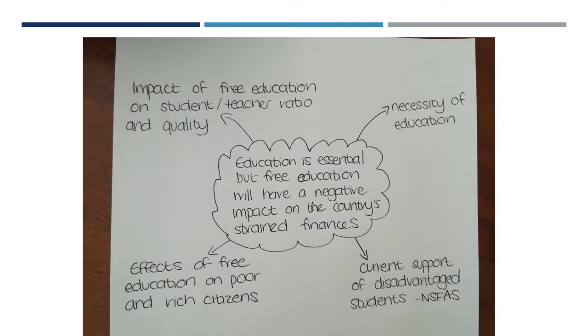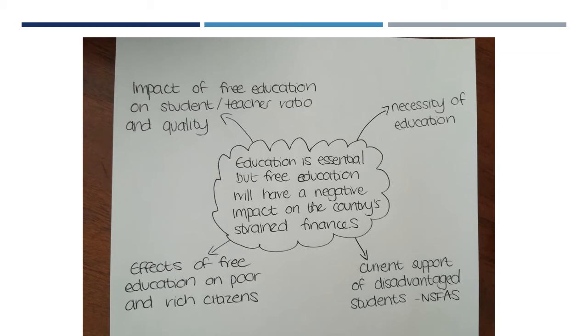So if we go back to our plan, we can see that our first paragraph dealt with the necessity of education. Our topic sentence was about the necessity of education. Our second paragraph is going to talk about current support of disadvantaged students, for example, the NSFAS. So we can expect that our topic sentence is going to explain or have that in detail.